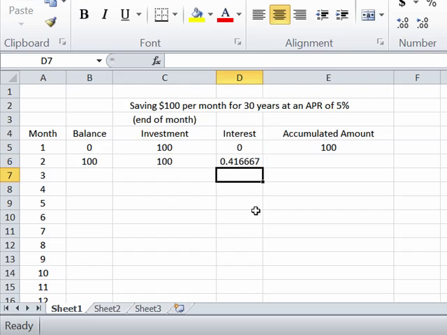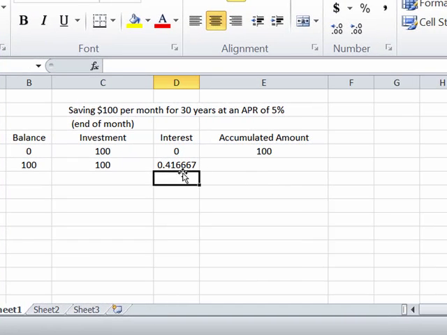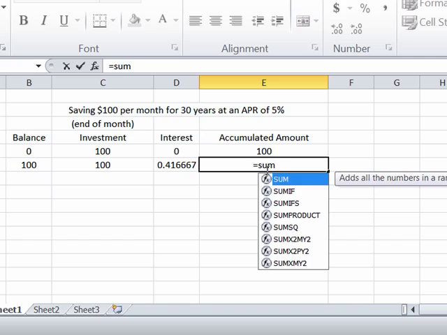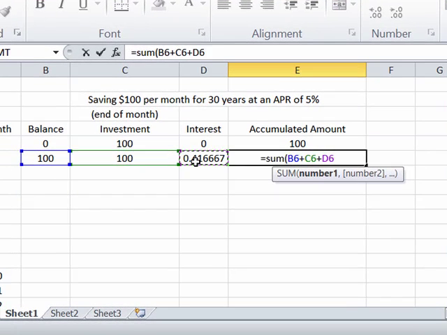That's the interest now after 2 months, 42 cents, 40.41666. And then the accumulated amount, again, is equal to the sum of B6 plus C6 plus D6.